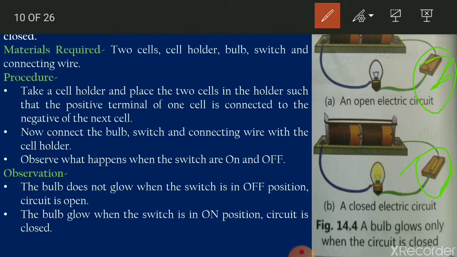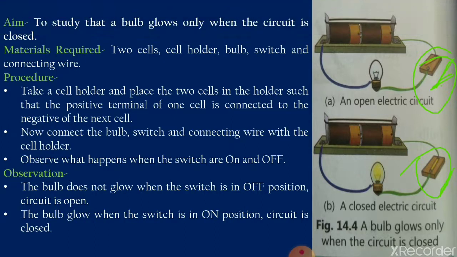Obviously, when the switch is off, the bulb will not glow because the circuit is incomplete. In that incomplete circuit or broken path, electric current cannot flow, so the bulb will not glow. So the bulb will not glow when the switch is in the off position, meaning when the circuit is open, electric current will not flow.